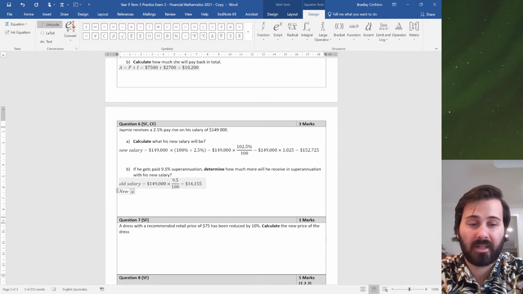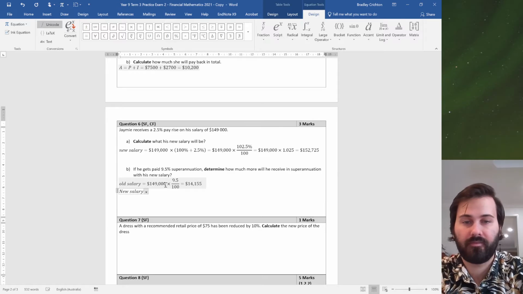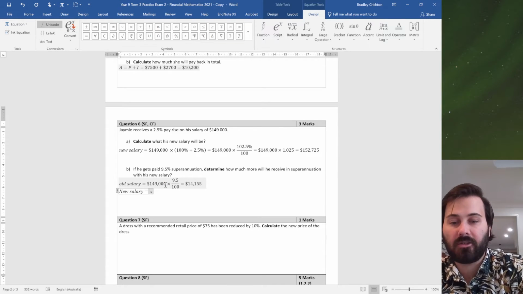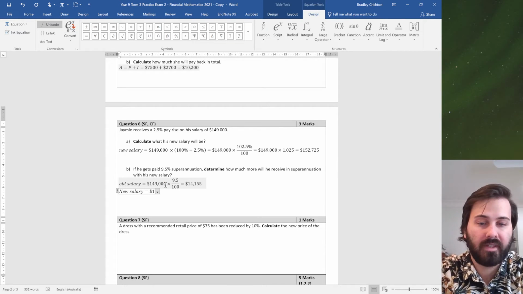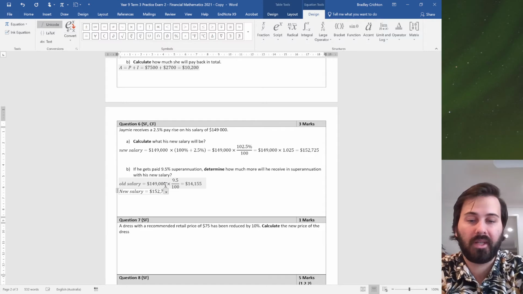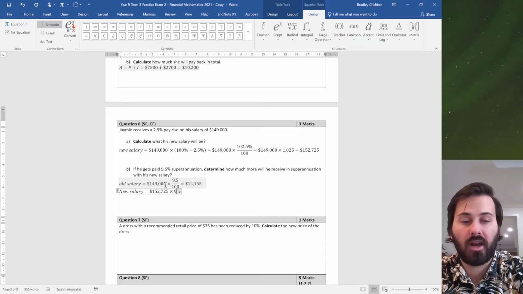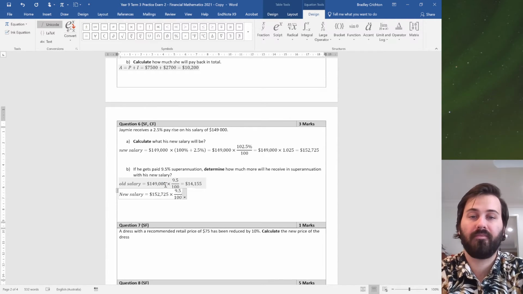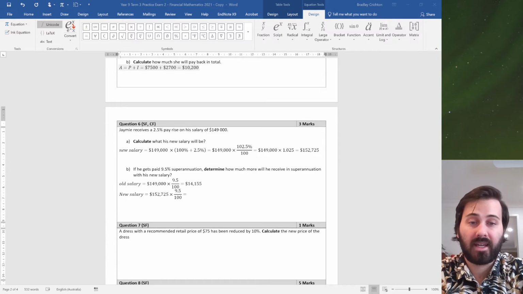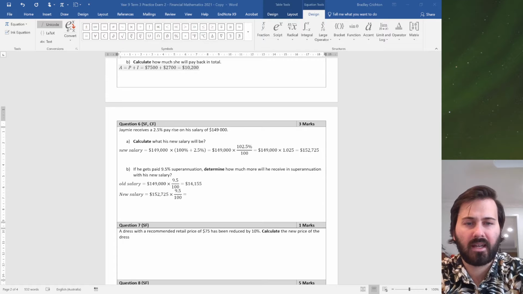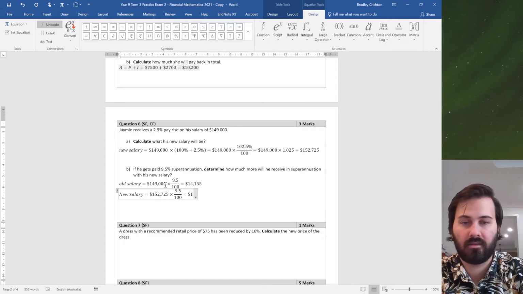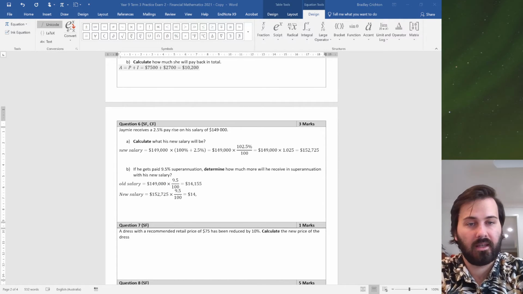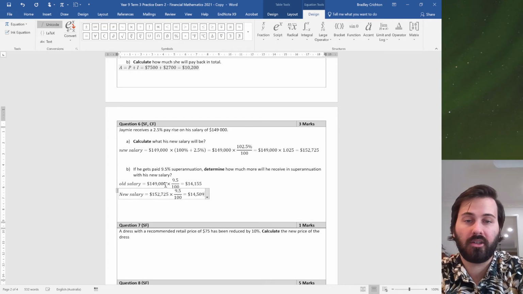Now his new salary, how much would he get? His new salary was 152,725. We multiply that by 9.5% divided by 100%. That gives us $14,509.